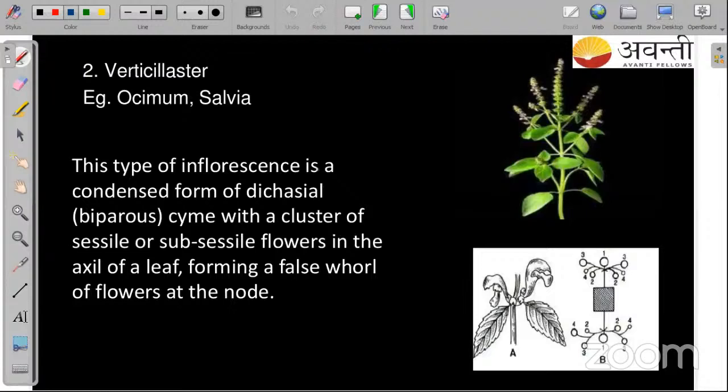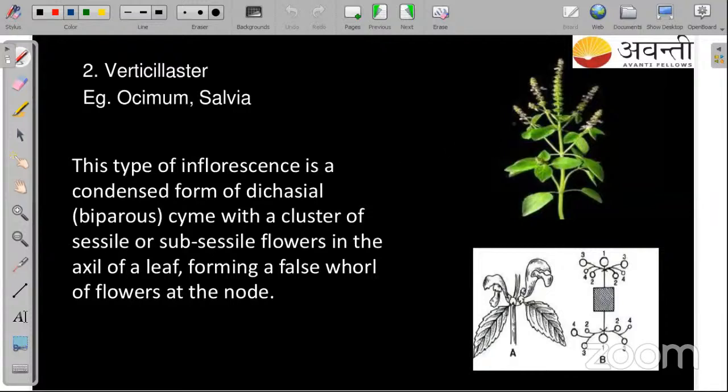Next is the verticillaster. In case of this type, the inflorescence is a condensed form of dichasial cymes with a cluster of sessile or subsessile flowers.